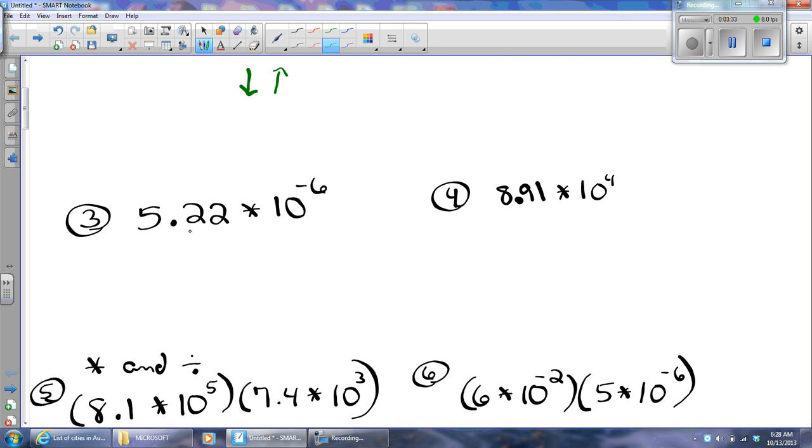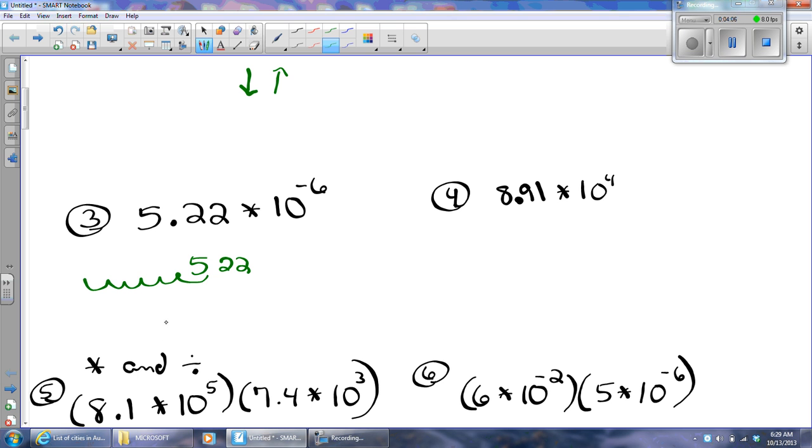Number 3, we have to convert this to standard notation. Well, I'm multiplying by 10 to the negative 6th. That's a pretty small number. So this decimal point is going to end up moving left. It's like I'm dividing by 10 6 times. So I'm going to have this 5, 2, 2. And when it moves here, that'll be 1 division by 10, 2, 3, 4, 5, 6.